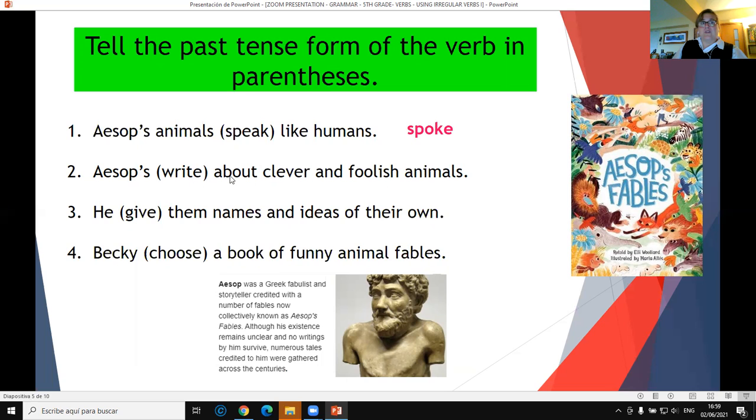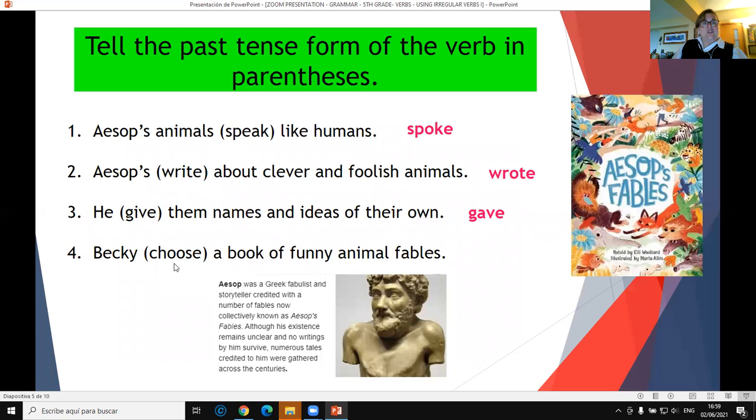The past of the verb write is wrote. So we will say Aesop wrote about clever and foolish animals. Number three, he (give) them names and ideas of their own. The past of give is gave. So he gave them names and ideas of their own.